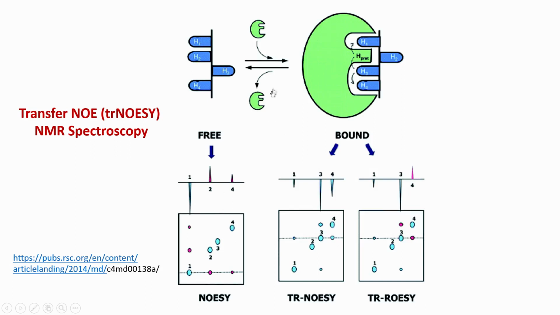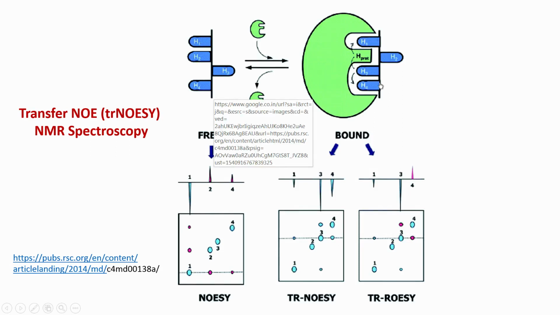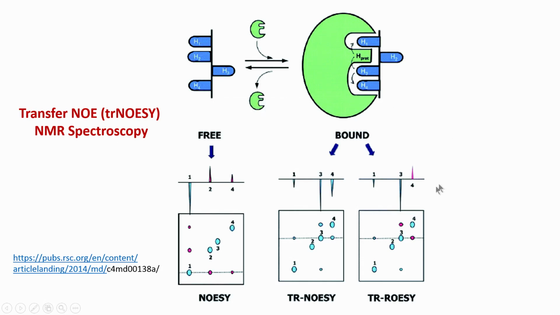But if I add the protein to this, now 3 and 4 come close to each other, and because this is a large complex, the NOE becomes much stronger compared to here, and you can see now a cross peak between 3 and 4 here also. These are two different experiments, but the idea is that between 3 and 4 I am now getting a cross peak which earlier I was not seeing.